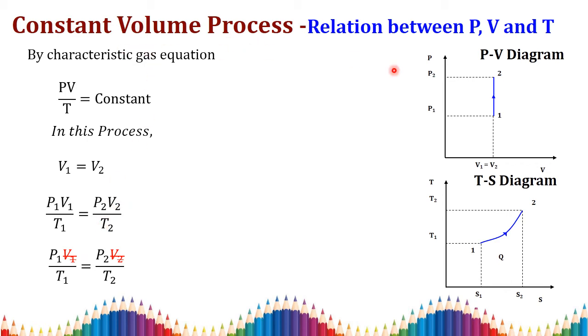But in the constant volume process, V1 is equal to V2, so we can cancel both these terms. Then you get P1 by T1 equal to P2 by T2. By rearranging this, I can write P1 by P2 equal to T1 by T2. So this is the relationship between pressure, volume and temperature in a constant volume process.